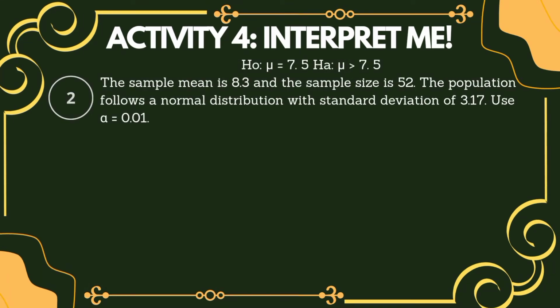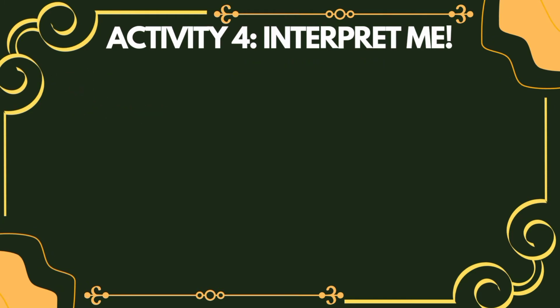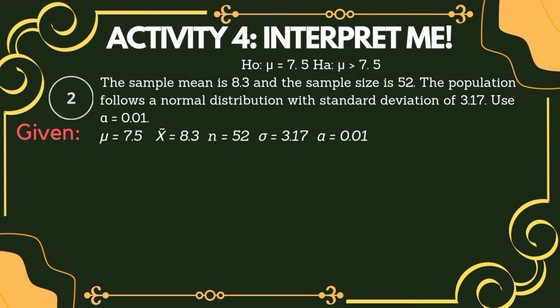In given number 2, the null hypothesis representing the population mean is equal to 7.5, while the alternative hypothesis is greater than 7.5. The sample mean is 8.3 and the standard deviation is 3.17 and 52 is the sample size. This is a one-tailed and right-tailed test.